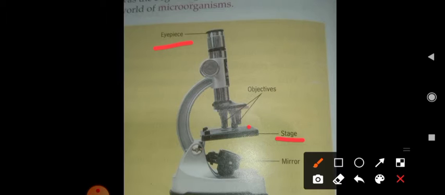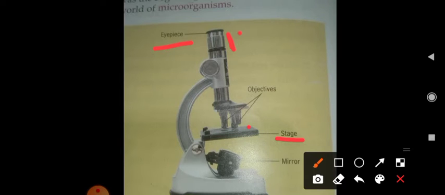Apart from the lens there, it has two more lenses inside it, and they are called objectives. So what is the work of these lenses? They act as magnifying glasses and make the specimen appear larger. We align one of the objectives with the specimen and eyepiece to see the specimen clearly. So we have to adjust this eyepiece so that we can see the specimen clearly.